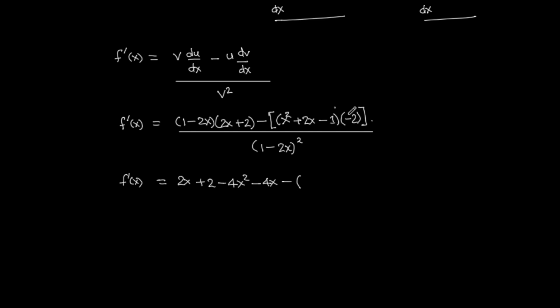So negative 2 multiplying positive x squared, we will get negative 2x squared. Then negative 2 times positive 2x, we get negative 4x, and negative 2 times negative 1, this one gives us positive 2.